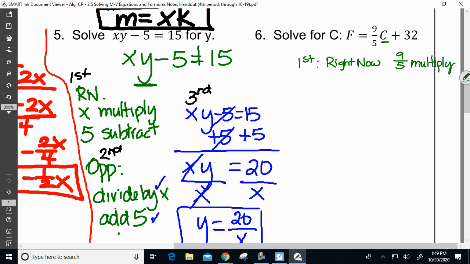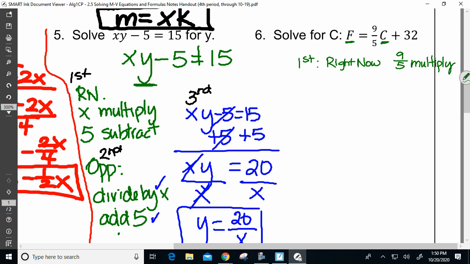What else is on the same side with the C? So F is on the opposite side. So there's C, there's F. What else is over there with the C? What about that 32?